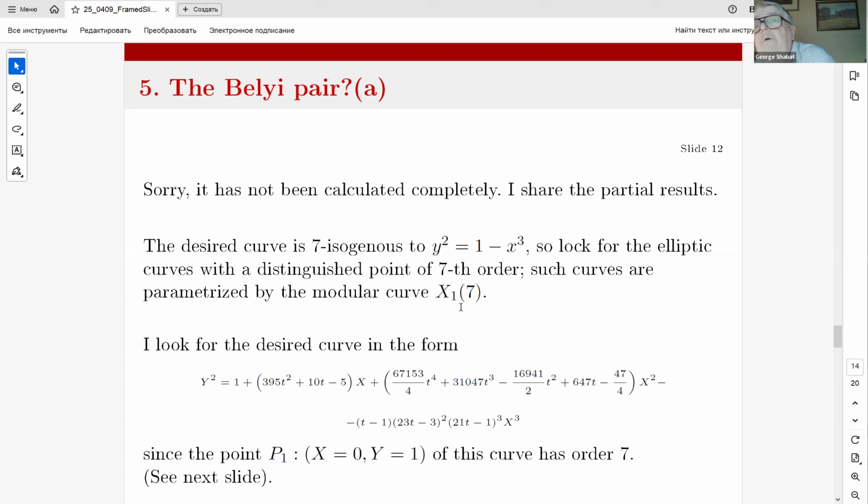It is full of true formulas, but they are very long and complicated. So instead, I have found some parameterization by hand.